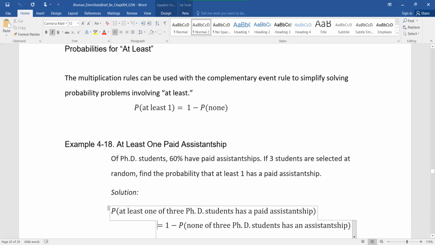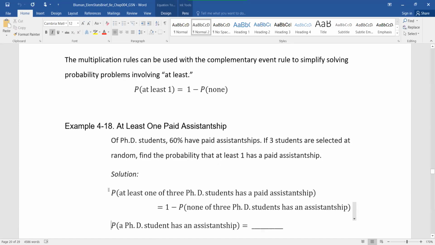Because at least means the minimum, that number or more. So if I figure out the probability of nothing happening, I could do 1 minus that, and that would give me the probability that it's 1 or more.